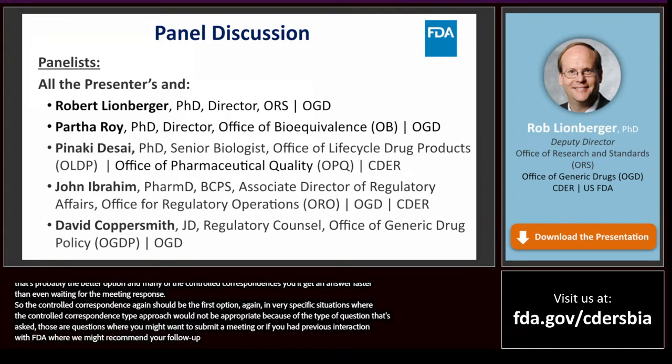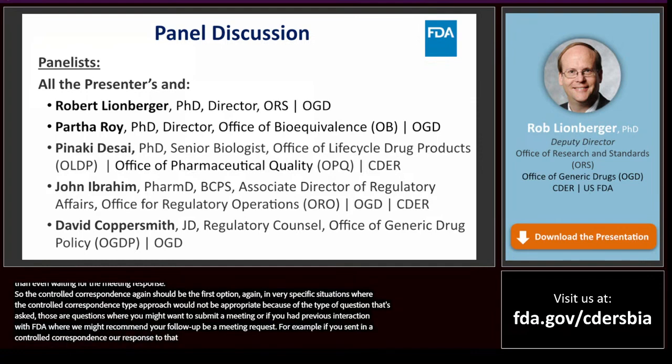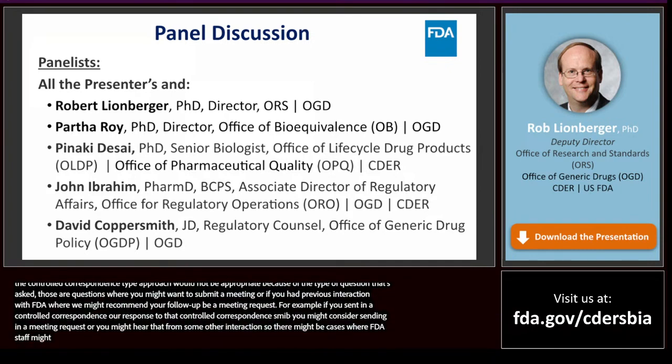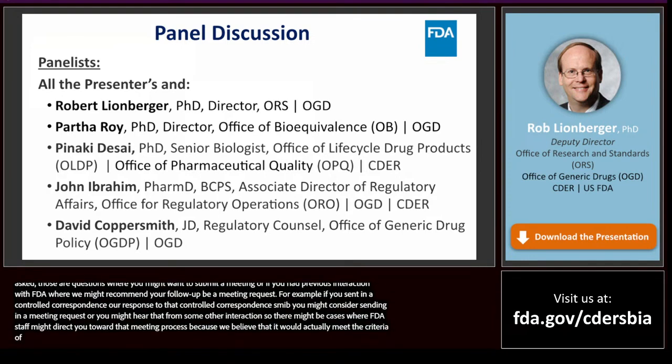For example, if you send in a control correspondence, our response might be that you consider sending in a meeting request, or you might hear that from some other interaction. So there may be cases where FDA staff direct you toward the meeting process because we believe it would meet the criteria of making things more efficient and be more appropriate than the control correspondence. But again, control correspondence is the first option.